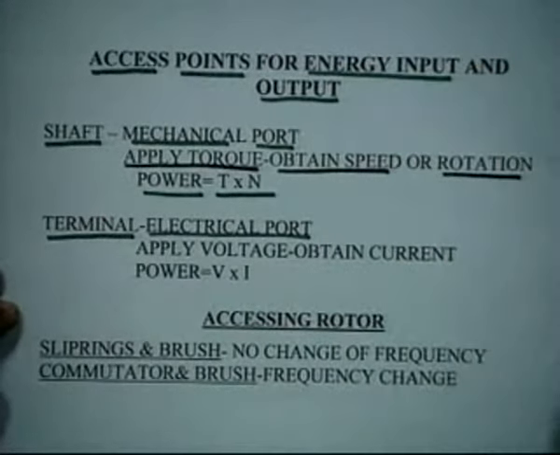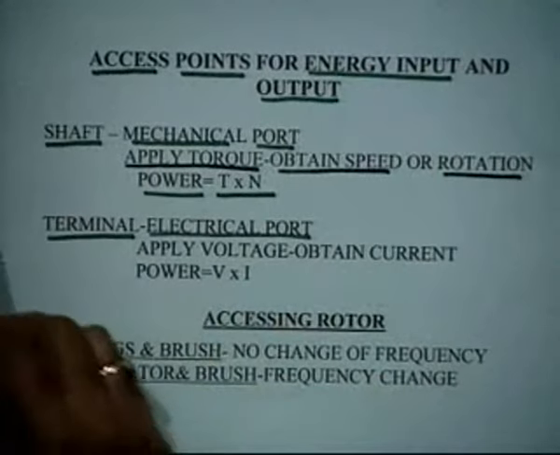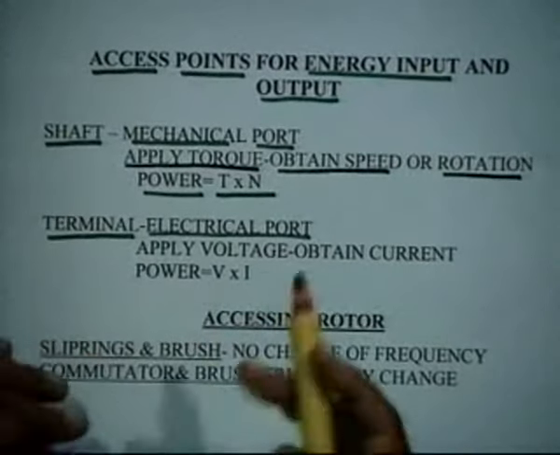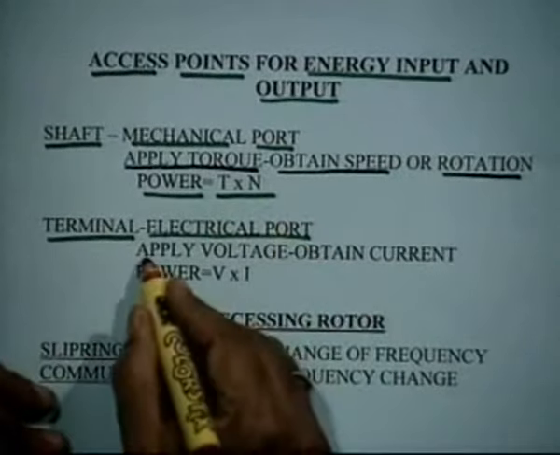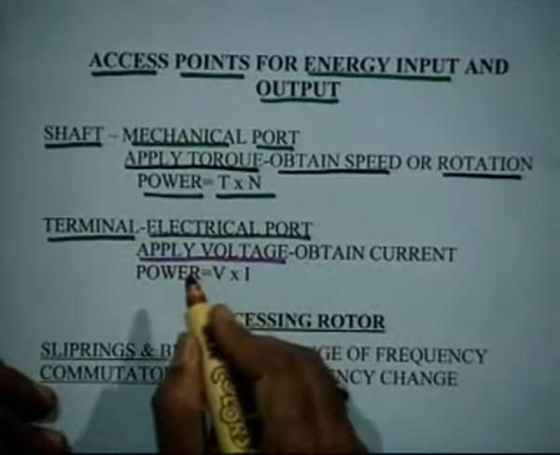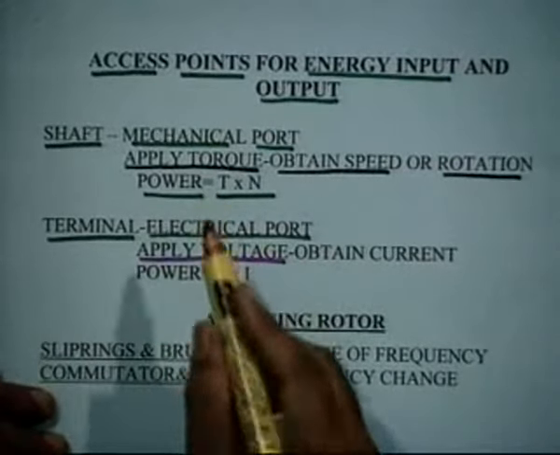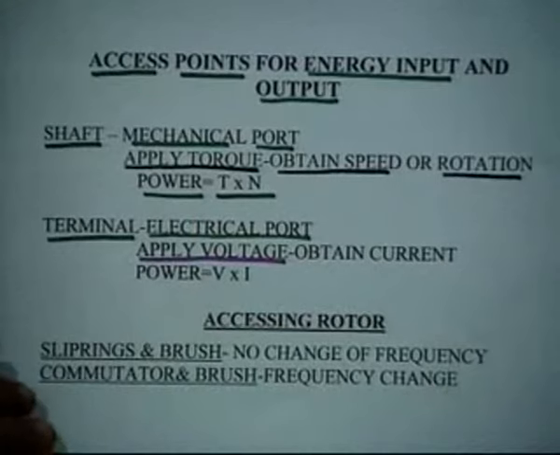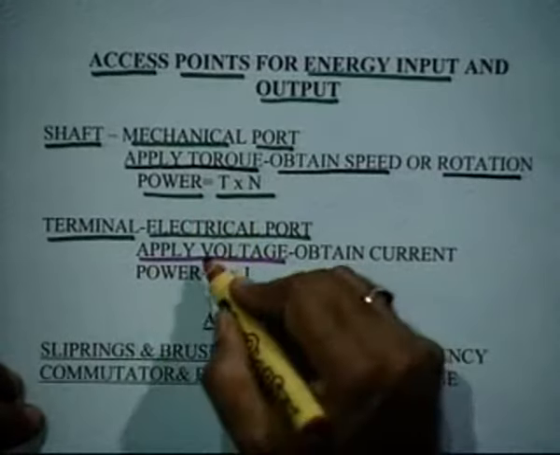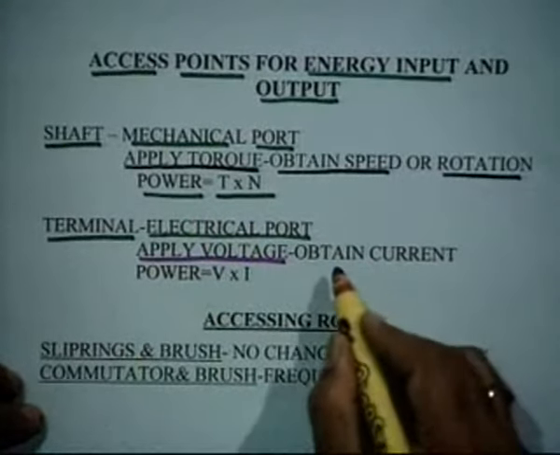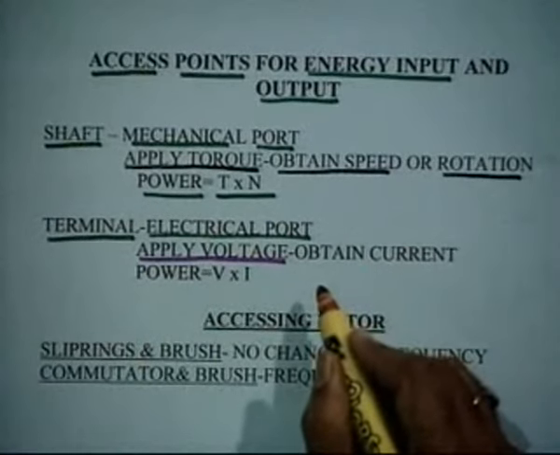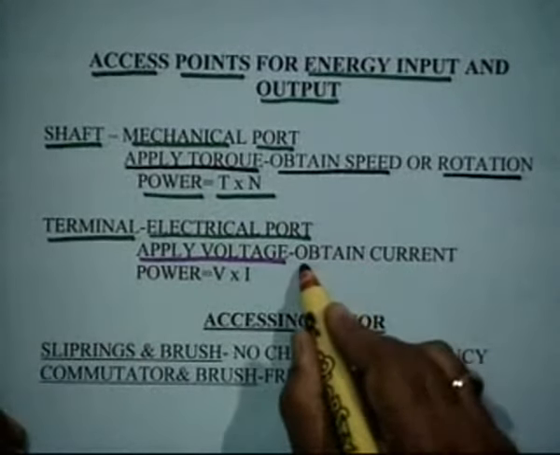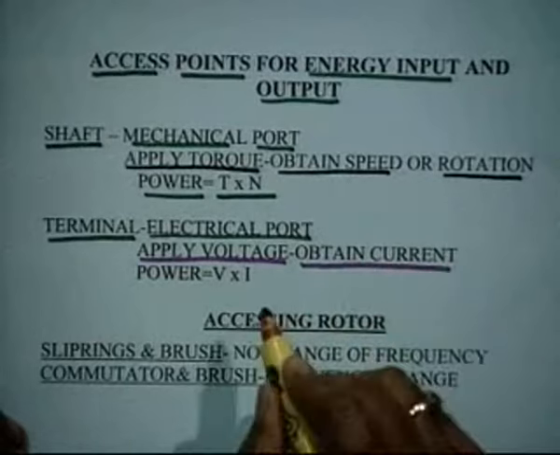So normally you apply a voltage there. Just like to the shaft you apply a torque, here you are applying a voltage from a voltage source. So to the shaft you have an external torque source which will apply the torque, and here you apply a voltage, and then when you apply a voltage, what happens in the windings, you start drawing a current.